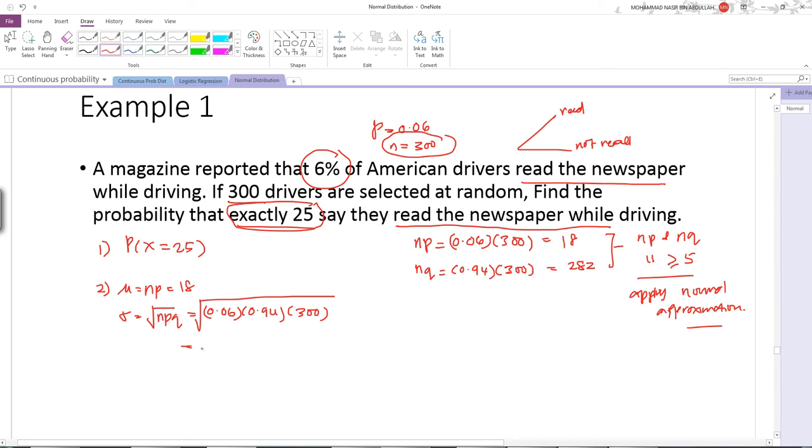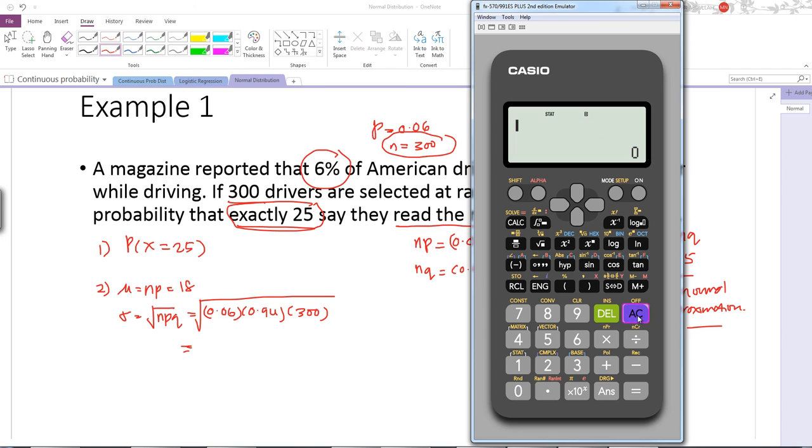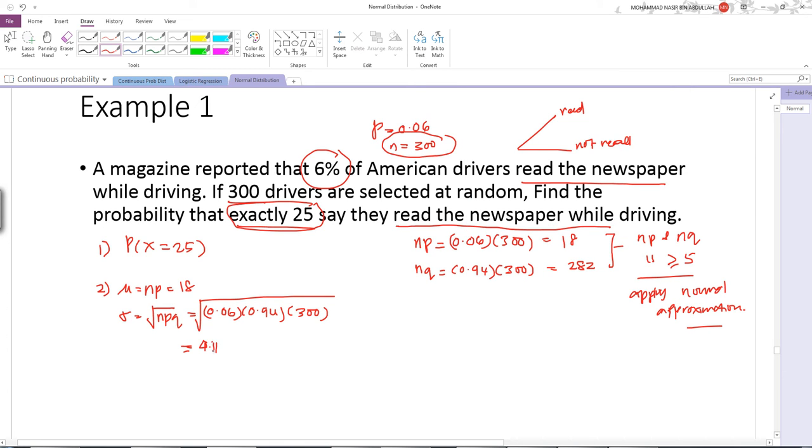So this one should be equal to how much? 4.113. So let's take 2 decimal points, 4.11, right?